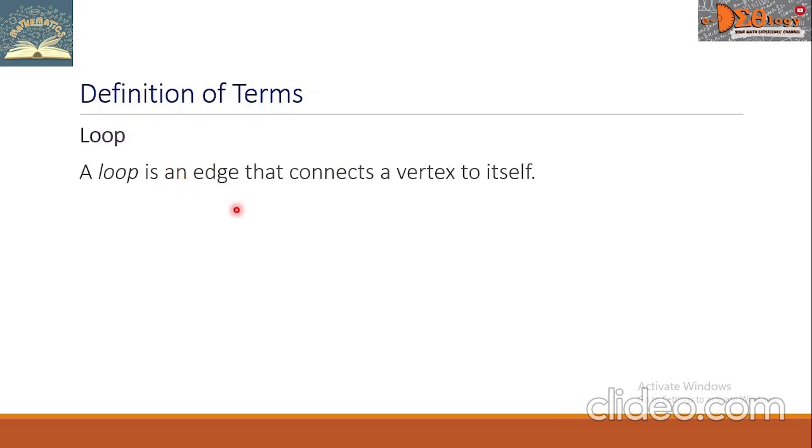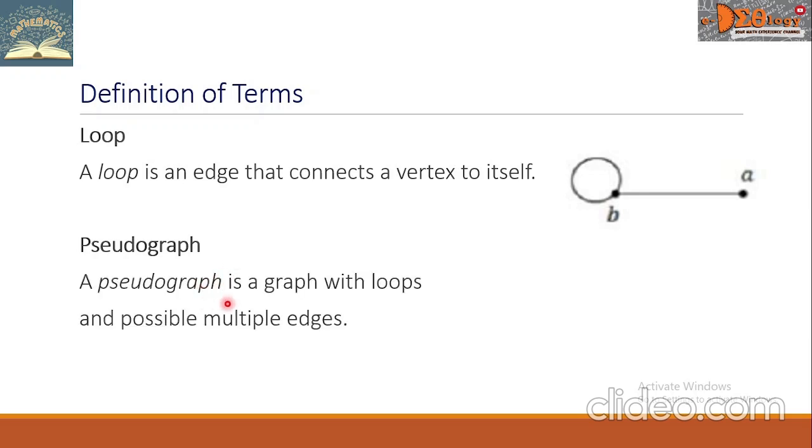A loop is an edge that connects a vertex to itself. In this graph, we see that there is a loop on vertex B. Another term is pseudograph. A pseudograph is a graph with loops and possible multiple edges. This is an example of a pseudograph.